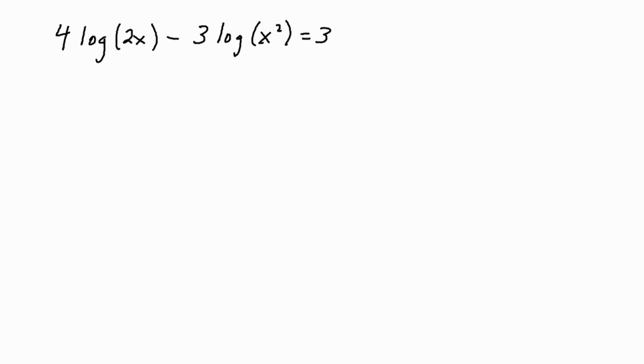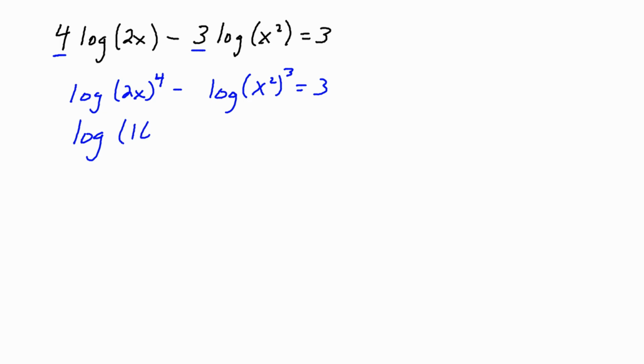So our first step is to deal with the power. So that gives me log of (2x)^4 minus log of (x^2)^3 equals 3, which gives me log 16x^4 minus log x^6 equals 3.